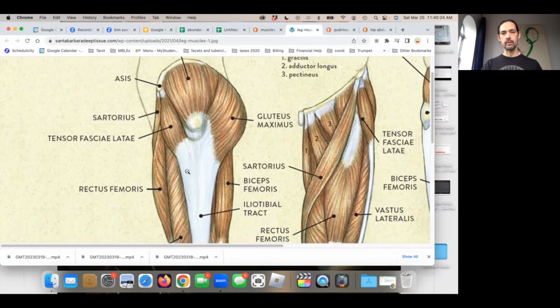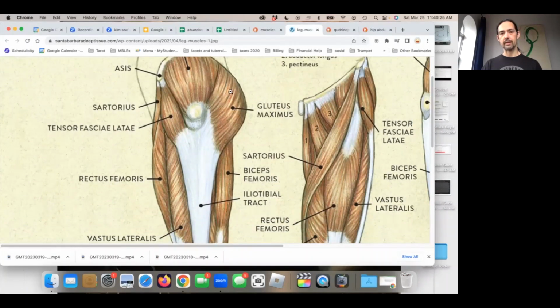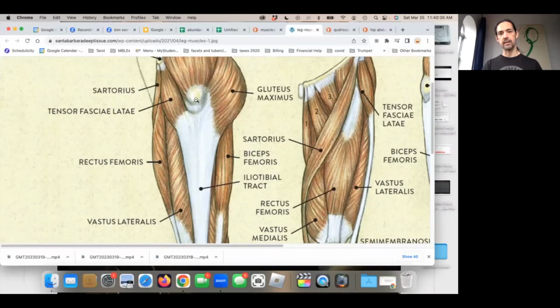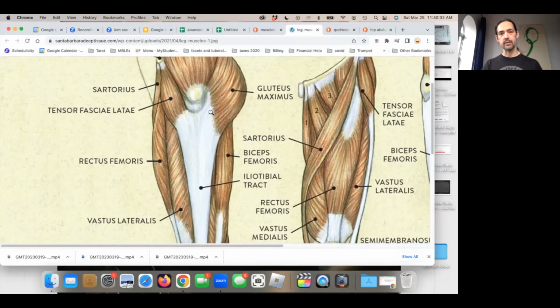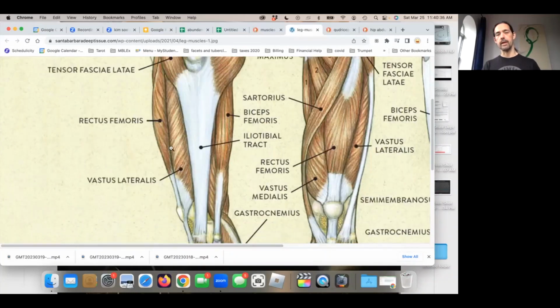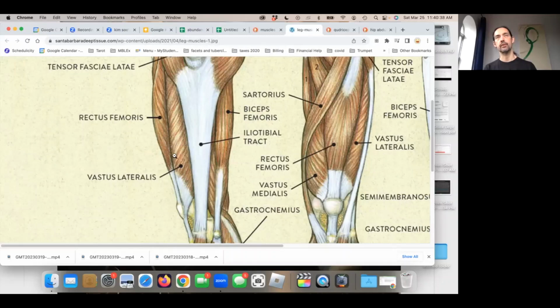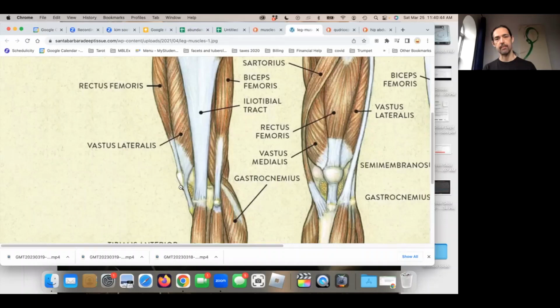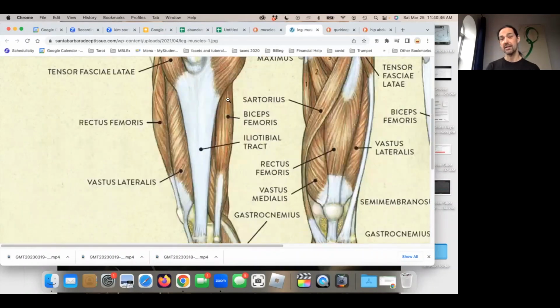Glute max in the back does extension, so it takes the leg back behind. You can see the iliotibial tract, or the IT band, and you can see part of the muscles in the quadriceps group. You can see the rectus femoris in the front and the vastus lateralis. Here's the kneecap, and you can see the lateral hamstring, which is the biceps femoris.